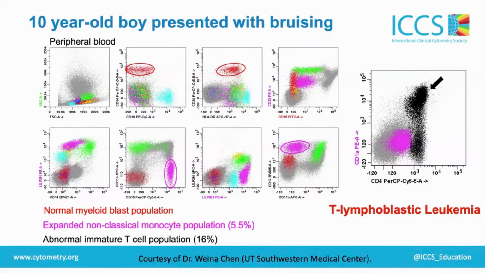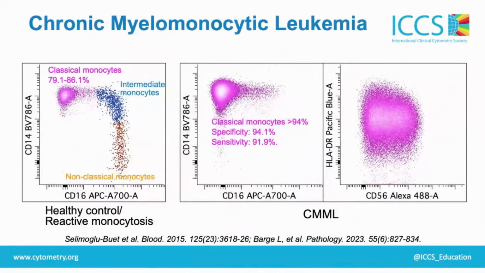The expansion of non-classical monocytes is often a part of the body's response to inflammation, infection, or other stressors. An increase in the classical monocytes had never been linked to a human disease until its association with chronic myelomonocytic leukemia was identified.